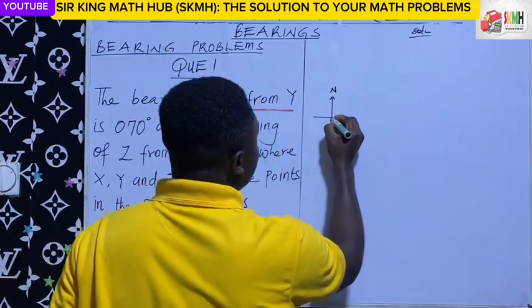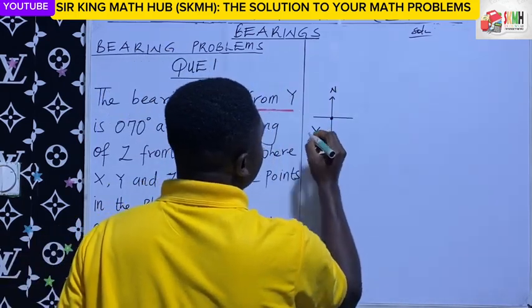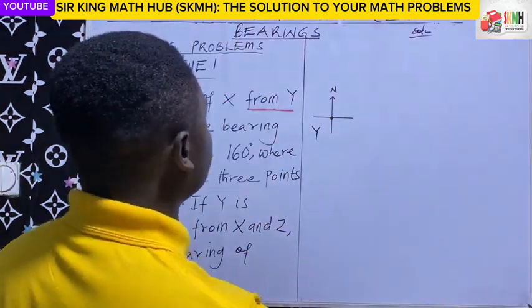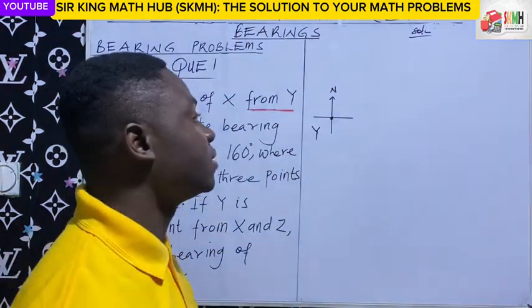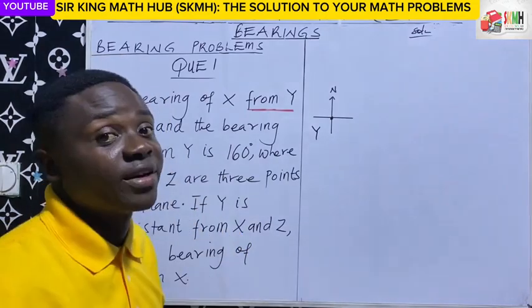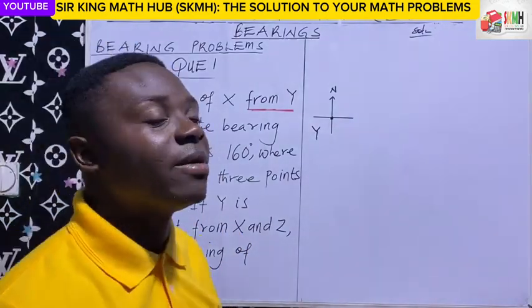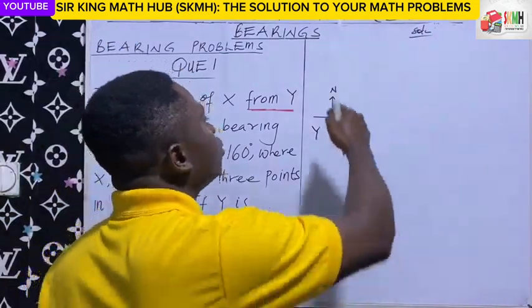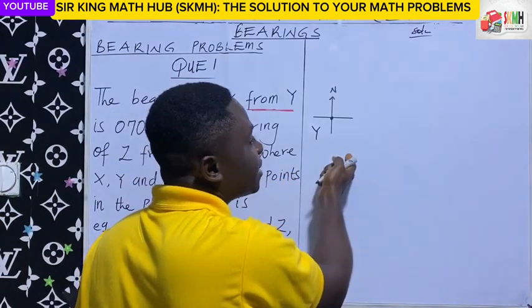So this is y. That is where we have to measure the 70 degrees. Again, this is a 3-figure bearing. We said that for 3-figure bearing, angles are read from the geographical north in the clockwise direction.